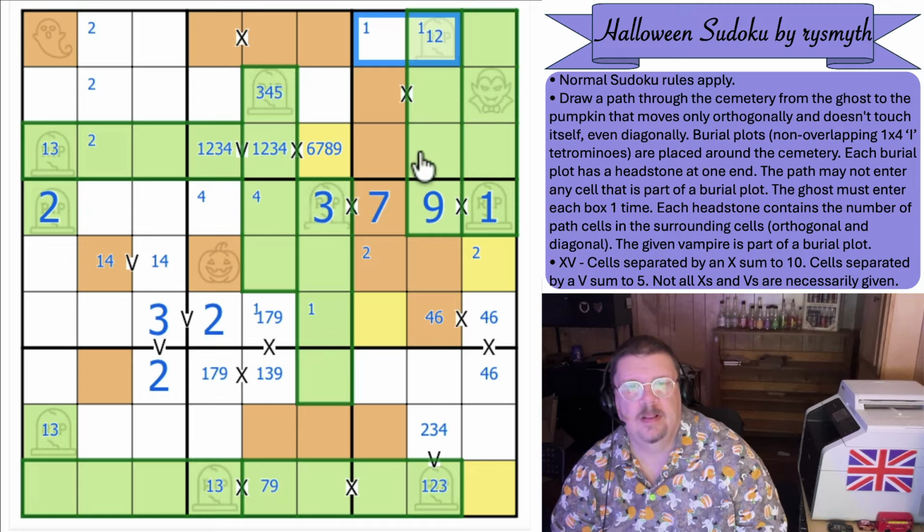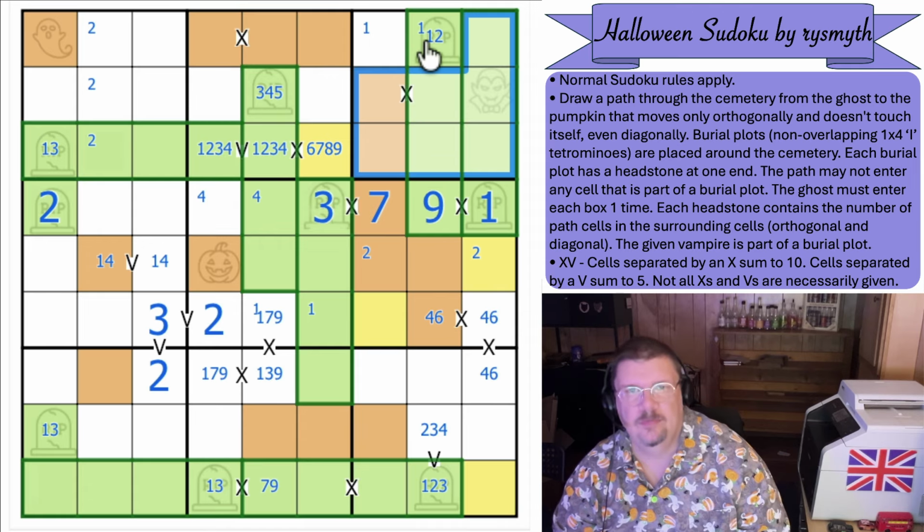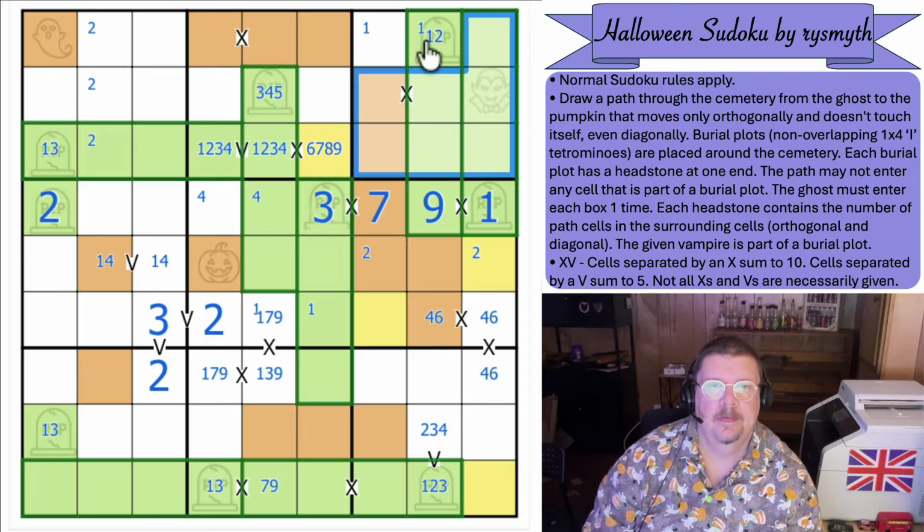Let me just double check that. Those can't be 1 or 3. My virtual 1, 2 pair in the column means that that can't be a 1. My 1 in this column means that that can't be a 1. My X means that this can't be a 1 because that would have to be a 9. So yes, one of those is a 1.